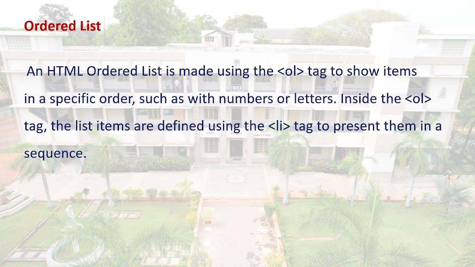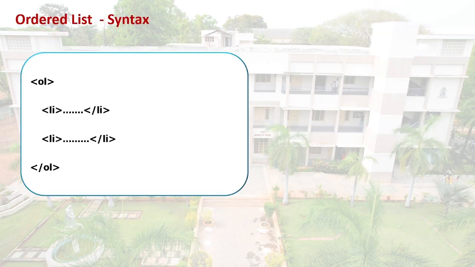The syntax for this ordered list is, here we are using the OL tag. The OL tag is meant for ordered list, and within that ordered list we have to use LI. LI is nothing but list item. So each list item will be displayed here, and the ending tag is /OL.